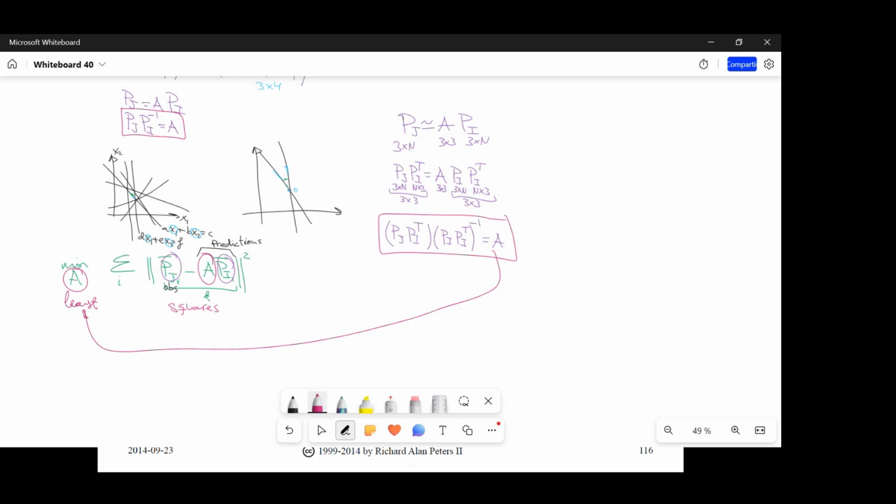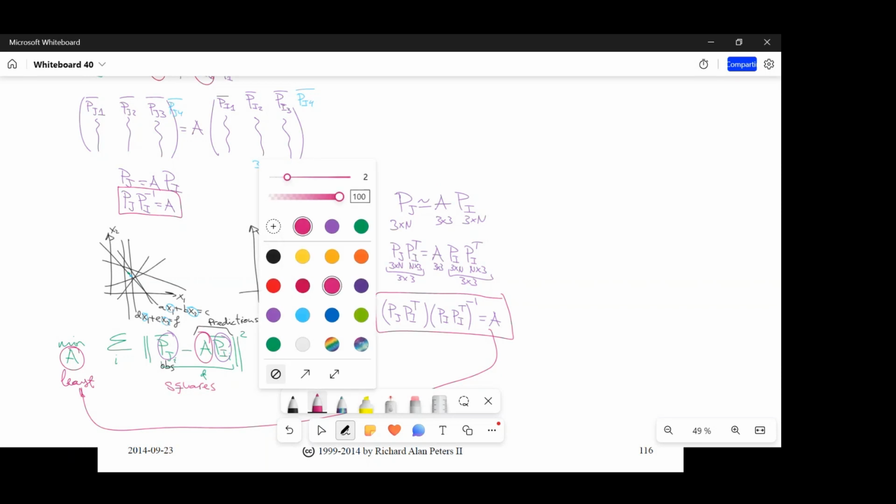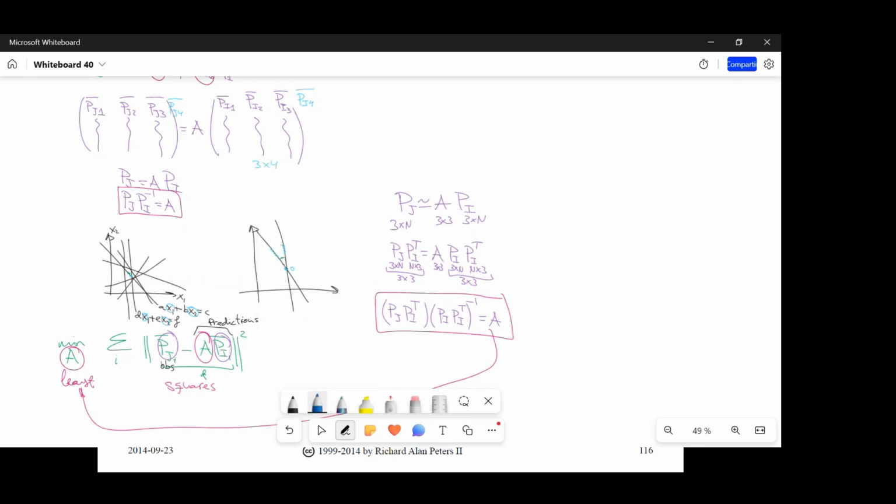Just so you have names: this operation here is the pseudo inverse.